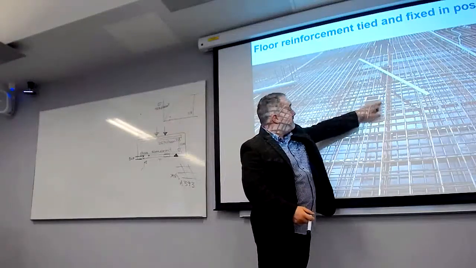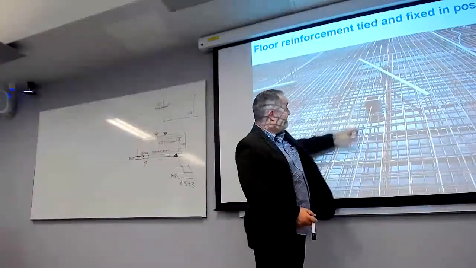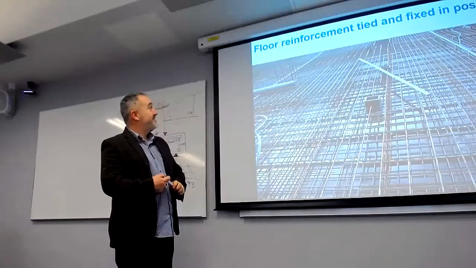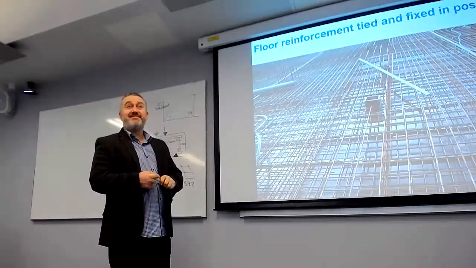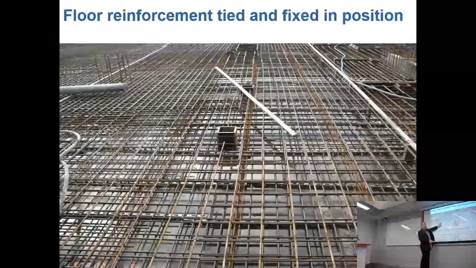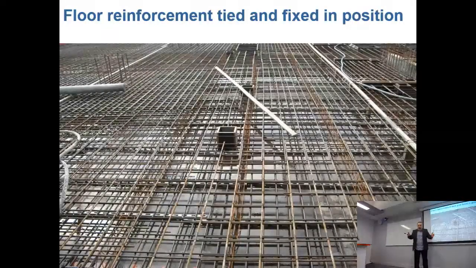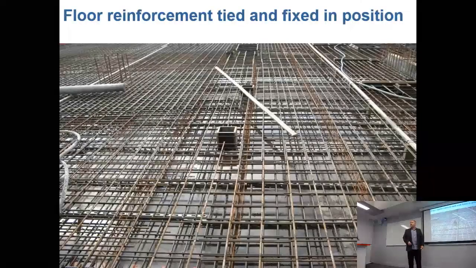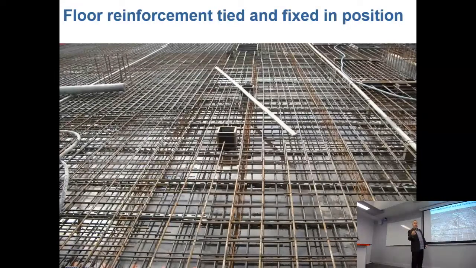What do you reckon that is? Yeah, so it's just like a little box. Imagine you pour your concrete, it covers the whole thing, and then you think, oh, bugger, we need a hole there. You can either get a diamond drill, which is a drill that has some diamonds on it, very expensive, and that will cut a hole through, or you can put a piece of timber or polystyrene in to create a hole.